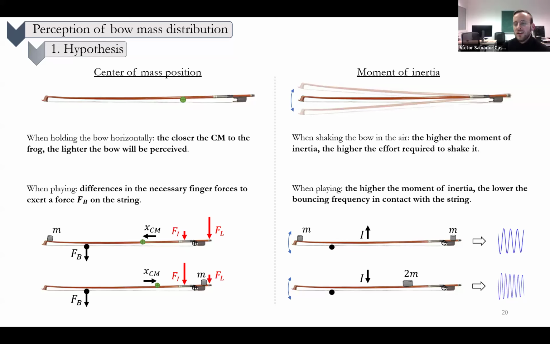We wanted to see it in an ecological environment, because we did not want to put any constraints other than please play some bouncing strokes, but most of them did this naturally, and we did not ask them to play only on the G string for keeping the bow horizontal. So the answer will be no in the playing test, but yes in the holding test. I don't know if it's clear. I can reformulate it if needed.